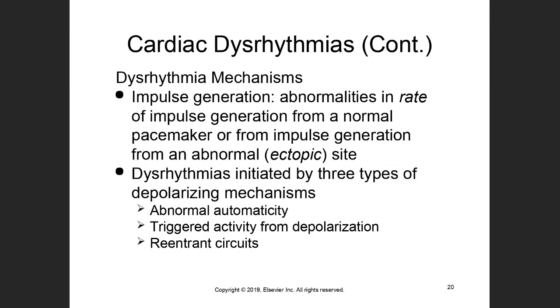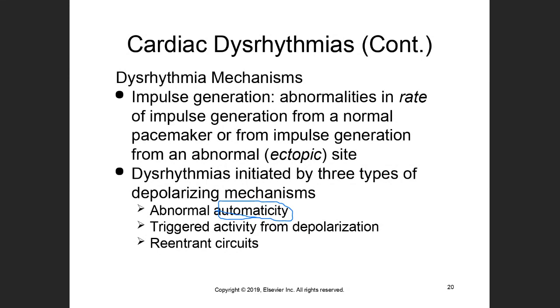Automaticity is the normal rate control of the heart. Okay, every beat of the heart starts in the SA node, then goes to the AV node, then from the AV node goes to the bundle of His, and then Purkinje fibers. Okay, and then you complete the whole depolarization of the heart.